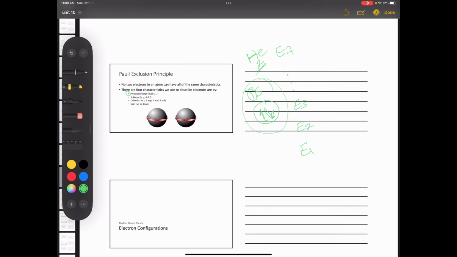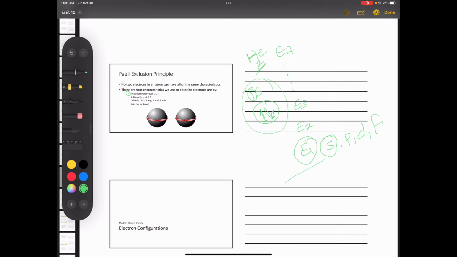In every principal energy level there are also sublevels, which are the S, the P, the D, and the F. In the first principal energy level, there is only the S sublevel, and once you go to the second, third, and fourth, it gets more complicated as more sublevels are added, because more electrons occupy every principal energy level at that point.